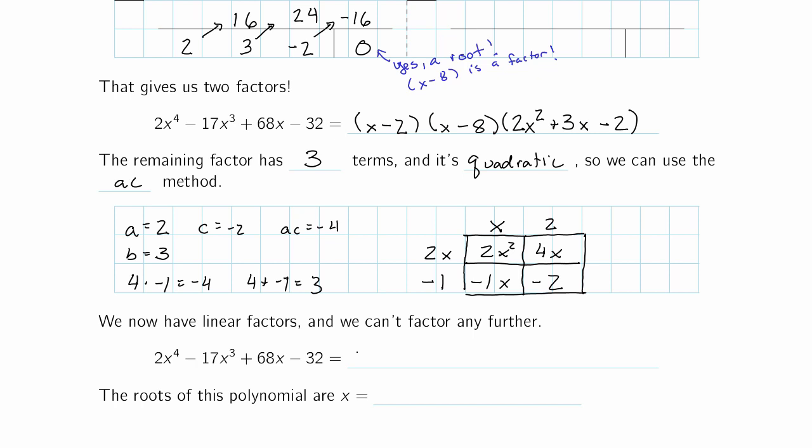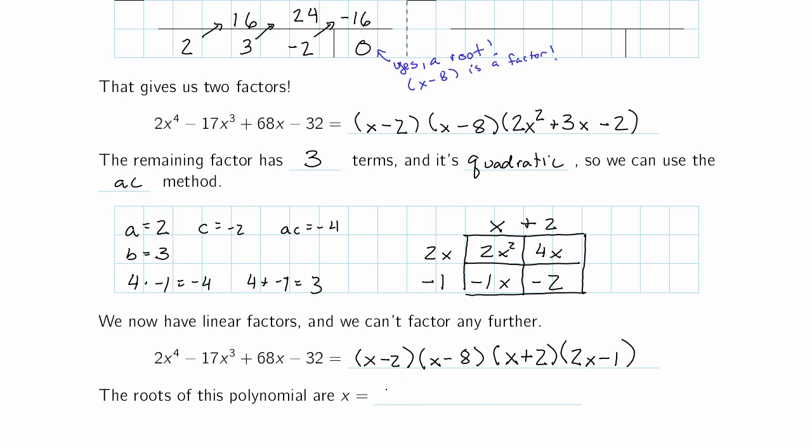So let's see. We had x minus 2, x minus 8, and then x plus 2 from the AC method, and 2x minus 1 from the AC method.